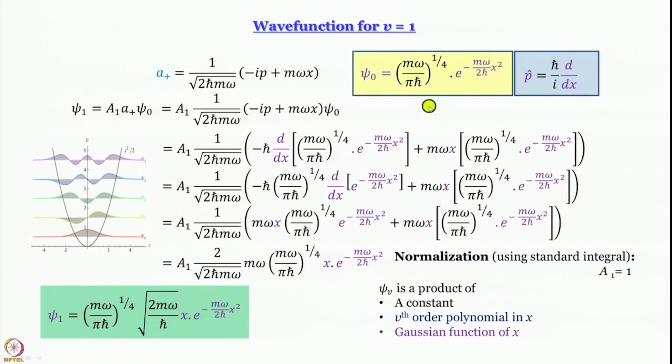But what we see here is that there is nothing else in x, which means you have x to the power 0 for psi 0. For psi 1 you have x to the power 1, and as we will see later on, as you go higher up you will get terms in x to the power 2, x to the power 3 and so on and so forth. You are going to get polynomials in x, and the order of that polynomial will be the same as the vibrational quantum number v, right.